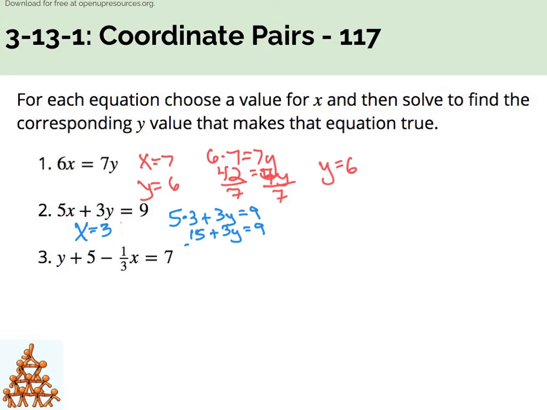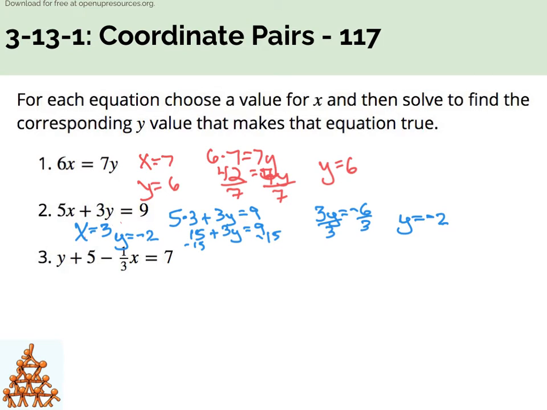I'm going to take 15 away from both sides, so we're going to have 3y equals 9 minus 15. Well, that's negative 6. And then 3 and y are multiplying, so I can divide. So y equals negative 2. So my x equals 3, y equals negative 2.